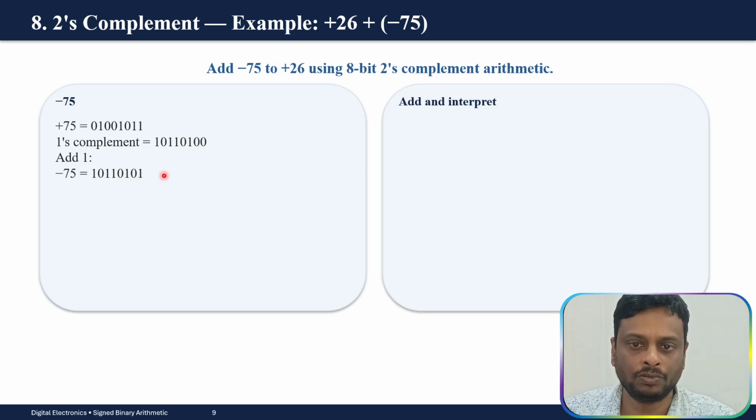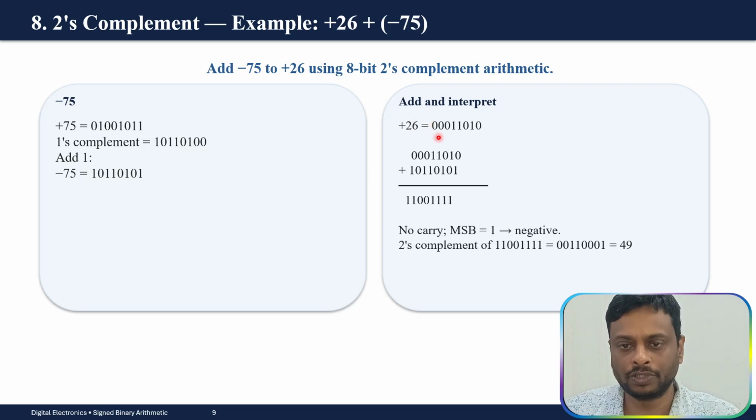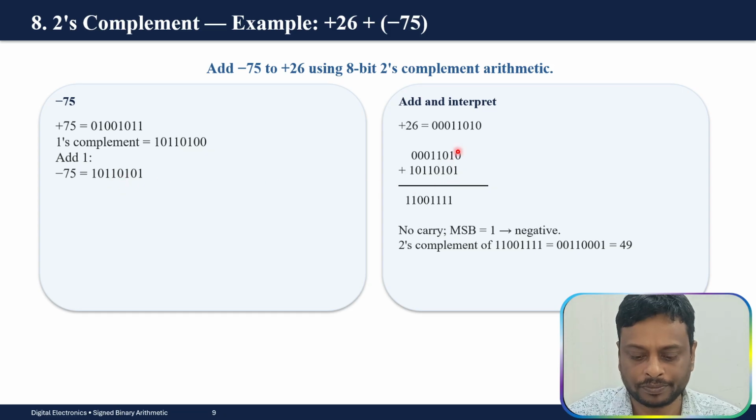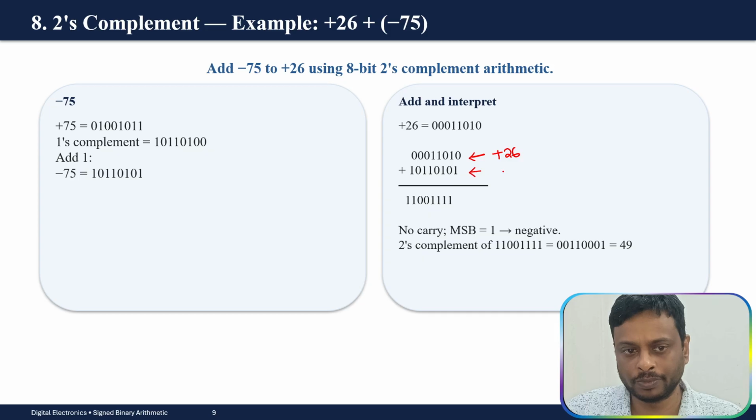Now add 26 to that. This one is the 26. Then add the 26 to this number. You can see this is the plus 26 in 2's complement, and this is minus 75 in 2's complement.